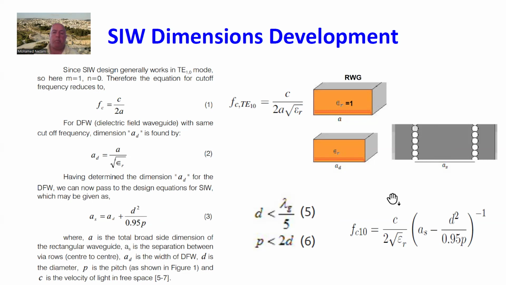What about the pitch? The pitch has to be less than twice the diameter D, okay? Because that's also a condition for fabrication, since obviously we can't fabricate vias so close to each other. Once you put that in here, now you have a dimension for AS.